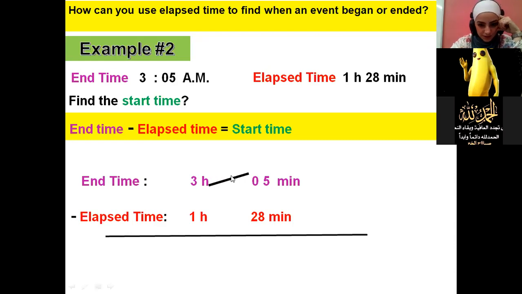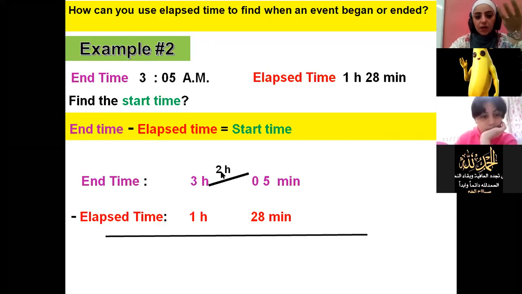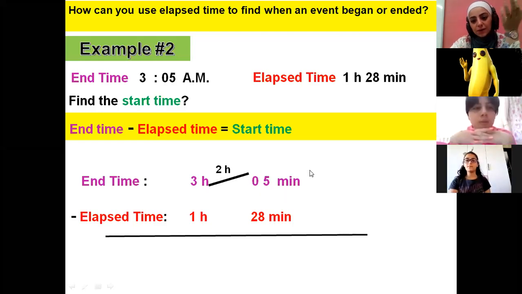So look, the line is in the wrong place, but anyway, take 1 hour from the 3 hours, 2 hours left. We took a whole hour, Rama. How many minutes do we give to the 5 minutes? We can't say it as an hour, it's in minutes.